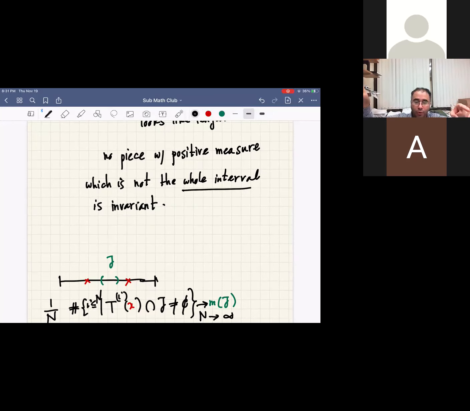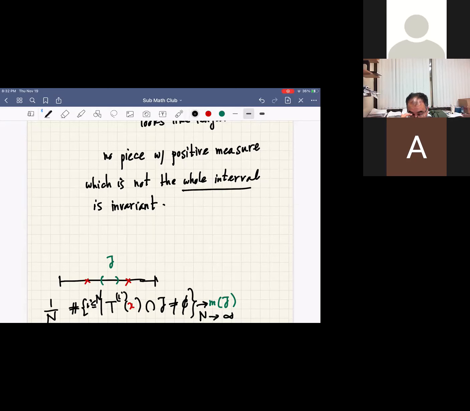And see, when you go up to 1000, so when you iterate this interval exchange map 1000 times, how many times you hit J. So how many times the iterates of x intersect this small interval J, and divide that by N. So this is the average of the number of times which you hit this small sub-interval when you wait until the Nth iterate of this procedure.